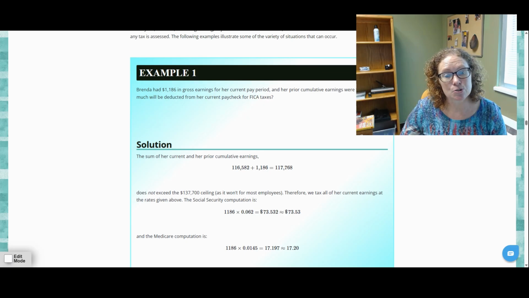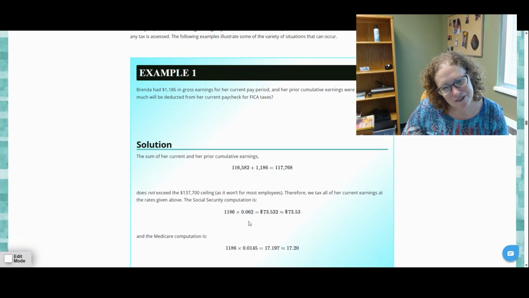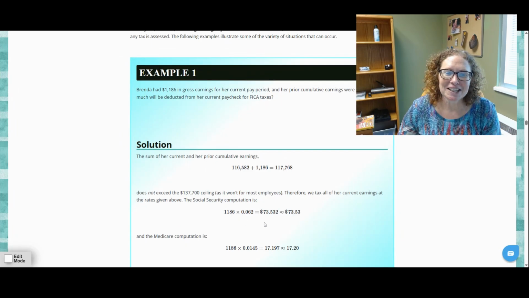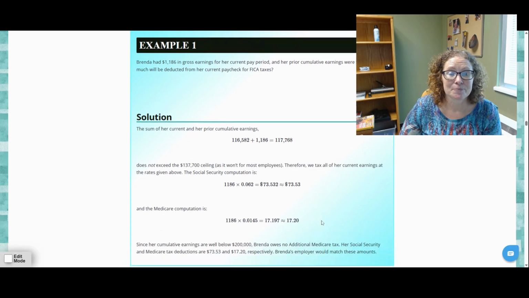So if we did the Social Security computation, we would say $1,186 times that 6.2%. And remember, as we saw in fundamentals, we move the decimal point over to the left, it's 0.062, and we get that the Social Security taken out would be $73.53.